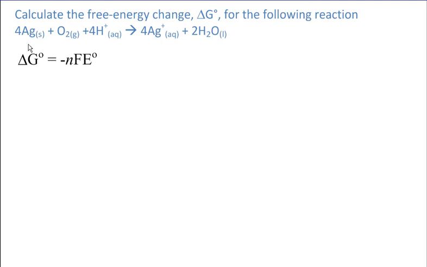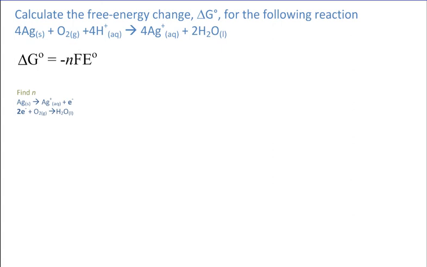Silver goes from silver 0 to silver plus 1, so that's one half. And oxygen goes from oxygen 0 to oxygen minus 2, so that's the other half. So oxygen is being reduced to minus 2, and silver is being oxidized to plus 1.